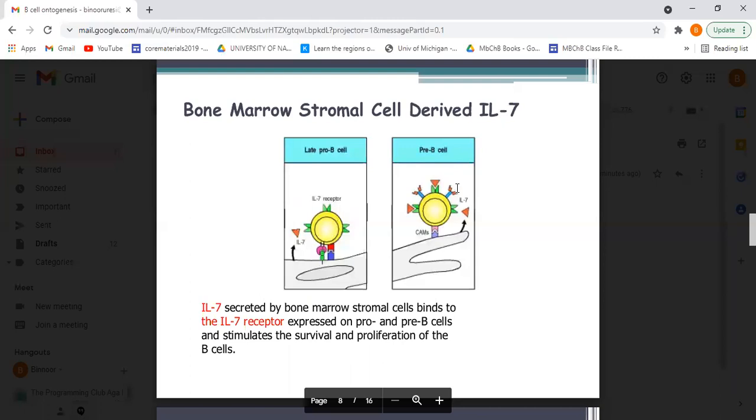So the stromal cell provides the interleukin-7, which has its receptor on the pre-B as well as the pro-B cells, that once it binds, it activates that cell to begin proliferation into another form of the B cell with better functionality in terms of moving forward. Let's move on.